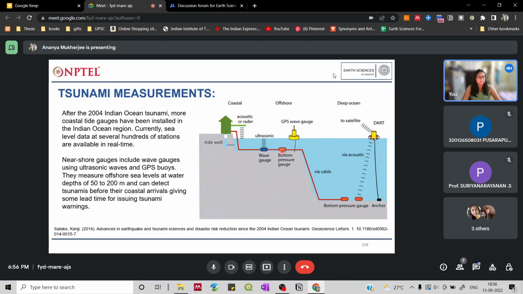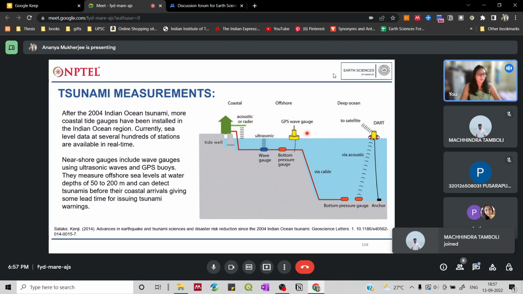These measure, say, your sea level rise or sea level drop. You have different kinds of gauges over here. You have a GPS wave gauge, which will give you locations. So suppose this gauge, because of the occurrence of a tsunami, has moved. It will be detected that there has been a movement.